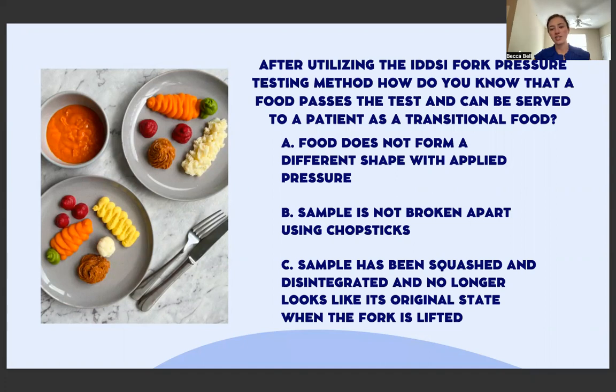And to pass that transitional food mark, you want the sample of food to C, have been squashed and disintegrated and no longer looks like its original state when the fork is lifted. Even if we're using the chopstick method, you want the chopsticks to be able to break a transitional food. And even with the finger test, you want the shape to be able to change with applied pressure of the fingers.